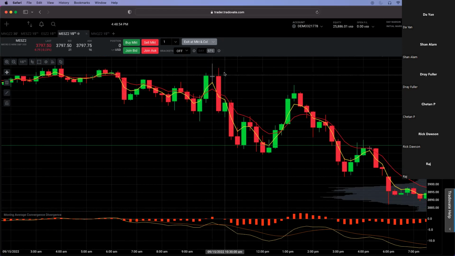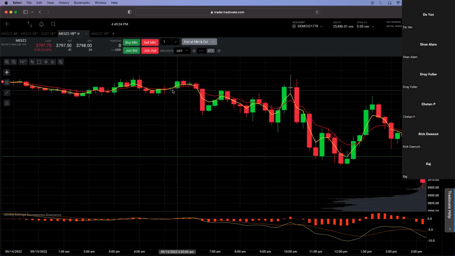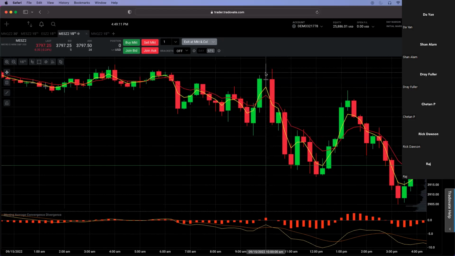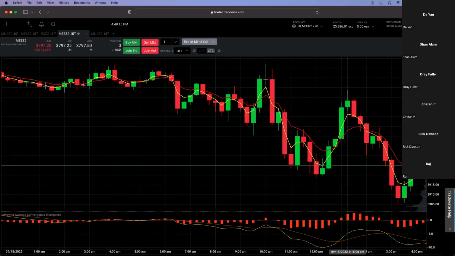Yes, this one was the first candle. I think the resistance was somewhere around 39.75 or something. Yeah, this one was the resistance line, right? And it started here at 9:30. It ran and hit the resistance, and then it started coming down. What did I do on that day?